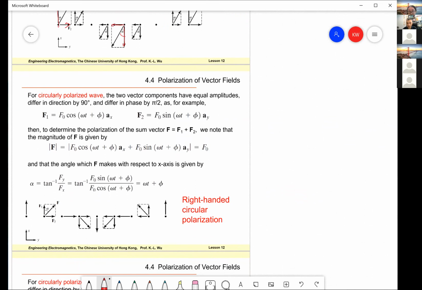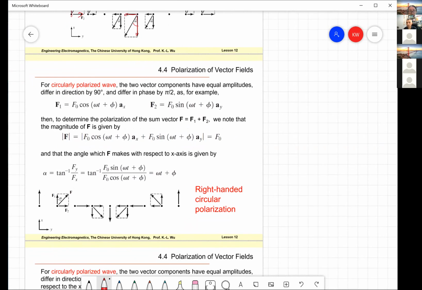Today we need to introduce a very important concept we call the circularly polarized wave. For a circularly polarized wave, F1 and F2 are not in phase.